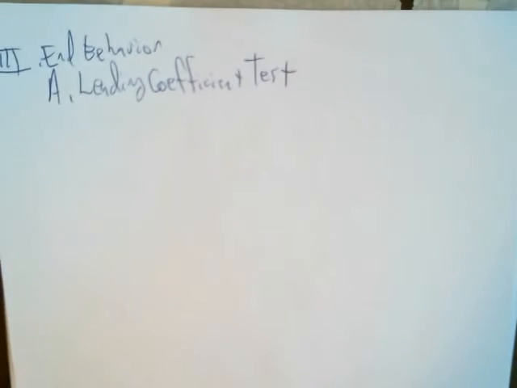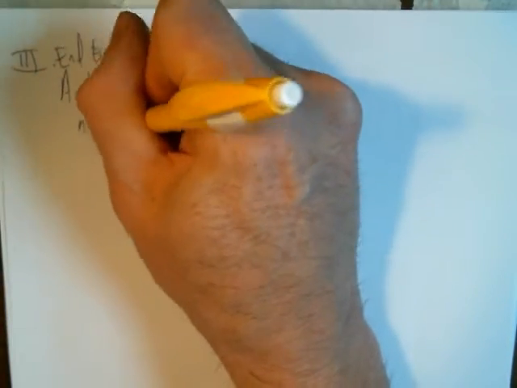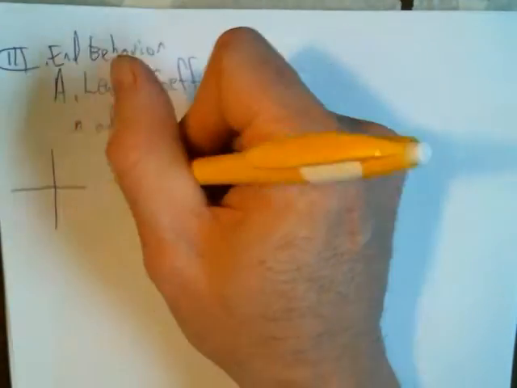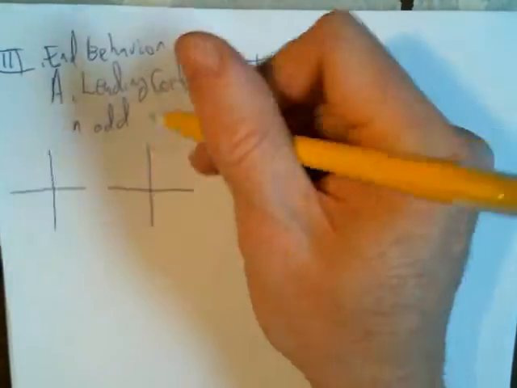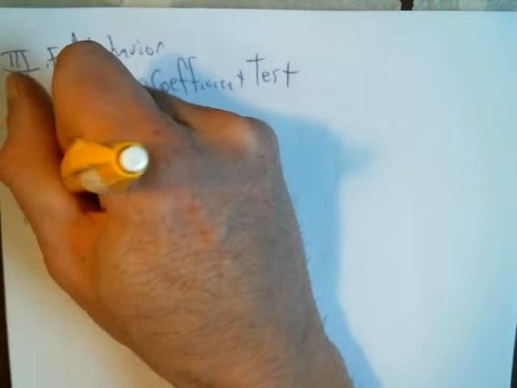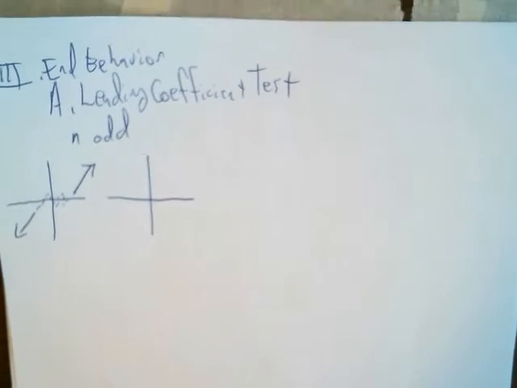So if the degree is odd, you'll have one of these two cases. So it'll go and do something in the middle and then end up going out in that direction.